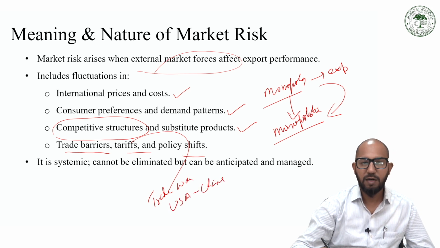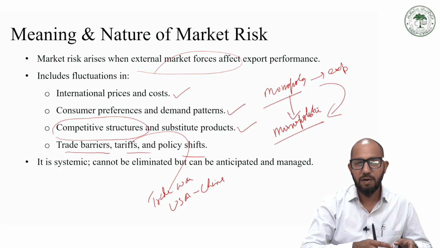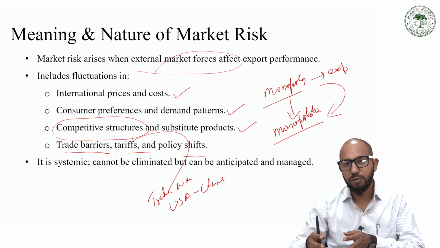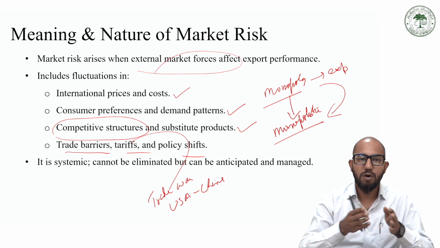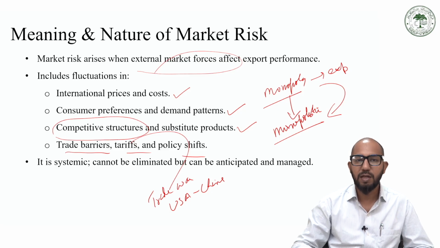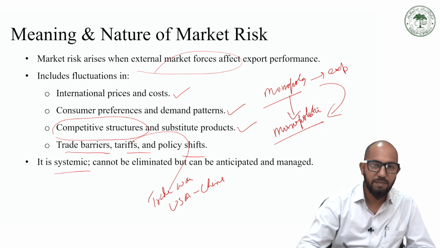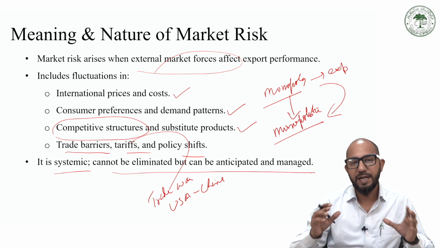We know that tariffs have been imposed by the United States of America on Chinese goods, and in retaliation China has also imposed tariffs on United States of American goods. This kind of thing generates lots of risk, and the exporter should know strategic decision making in such circumstances. Thus market risk is systemic, cannot be eliminated but can be anticipated.